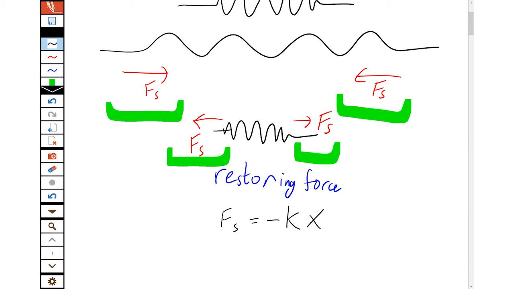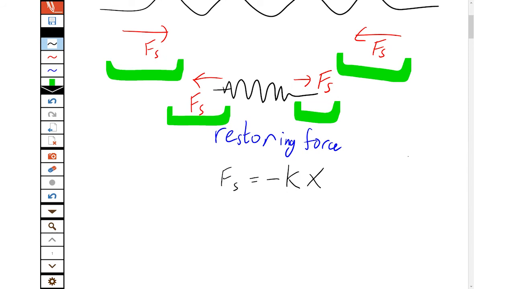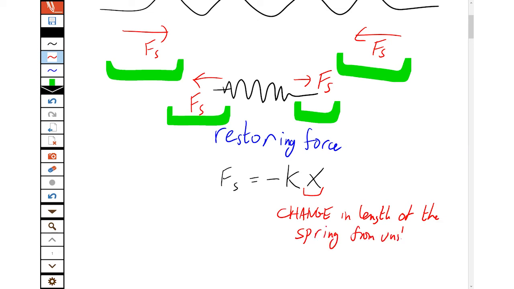And you're definitely going to be wanting to say these out in words. Because if you just say Fs equals minus Kx, well, x just looks like a regular distance. But this distance x is the change in length of the spring. And that's the change in length of the spring from unstretched.